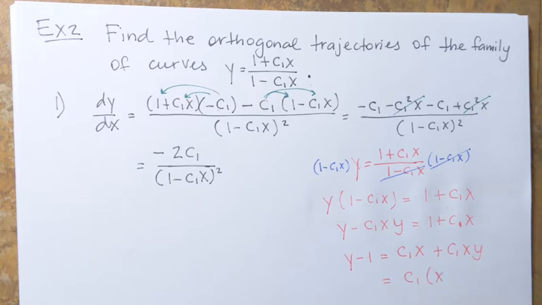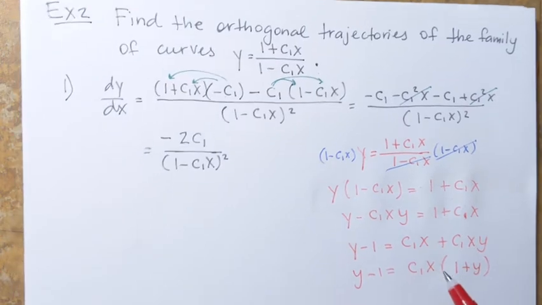Actually we can factor out c1x right away. That's something that we can factor out, and it's going to help us along the way. So it's 1 plus y, and then the left hand side is y minus 1.